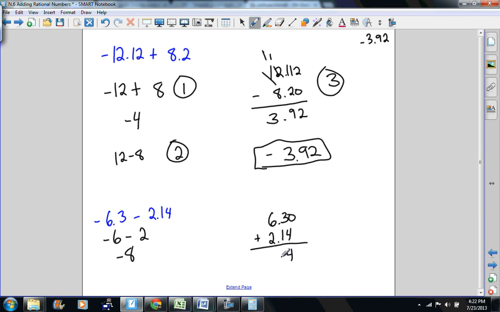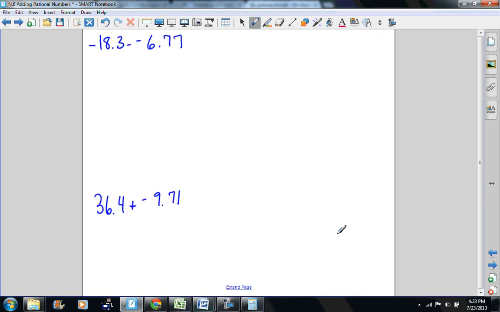That's 4, 4, and 8. And now I need a negative, so our answer is negative 8.44. What's also really nice about these estimations is that they should be really close to your actual answers. If you make a mistake, you should catch it right away.